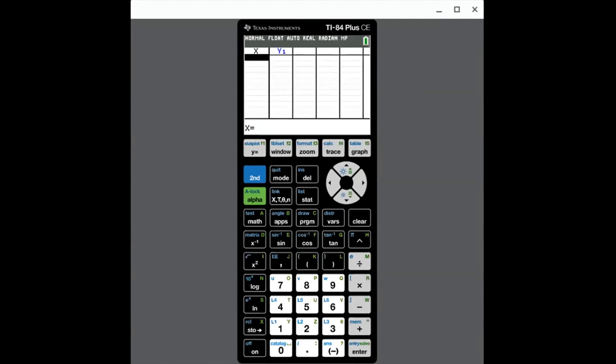If I put in 5, it's going to give me an error because we know it's undefined at 5. Now, if you put in 5.9, there's your slope. If you don't see 6 decimal places, you'll have to highlight that answer, and then down below, you'll see it. So there's your slope, 2.222222.